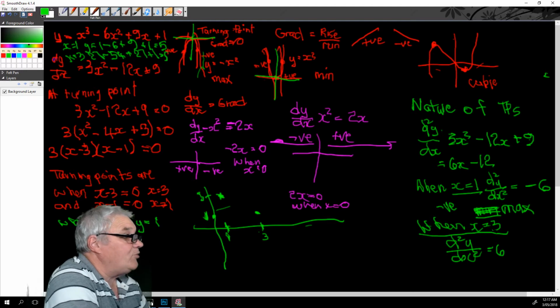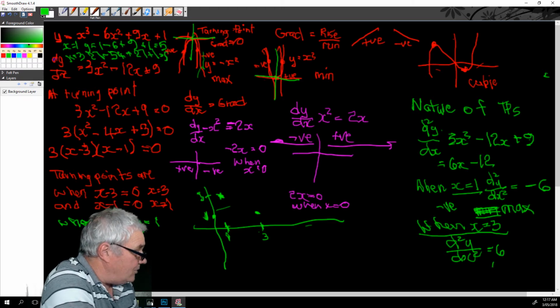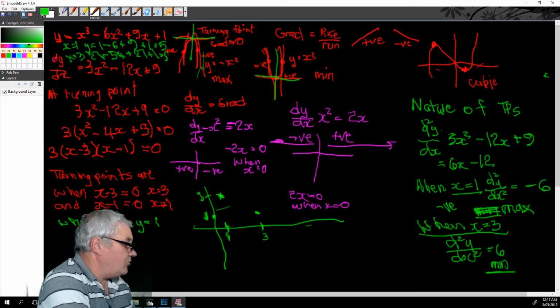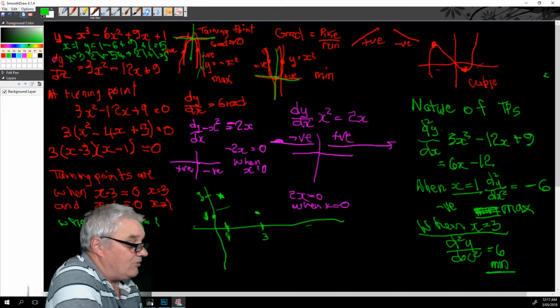And here where it's positive, the gradient's going positive, so that must be a minimum. So when it's positive, it's a minimum, and when it's negative, it's a maximum.